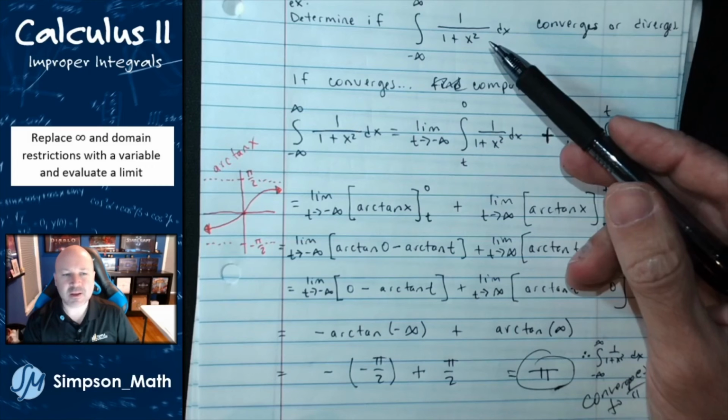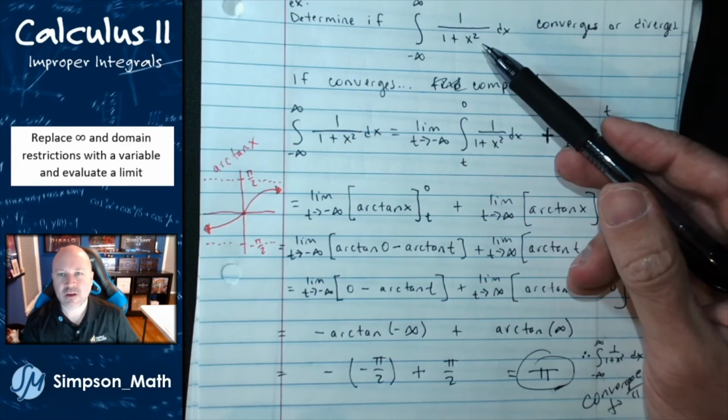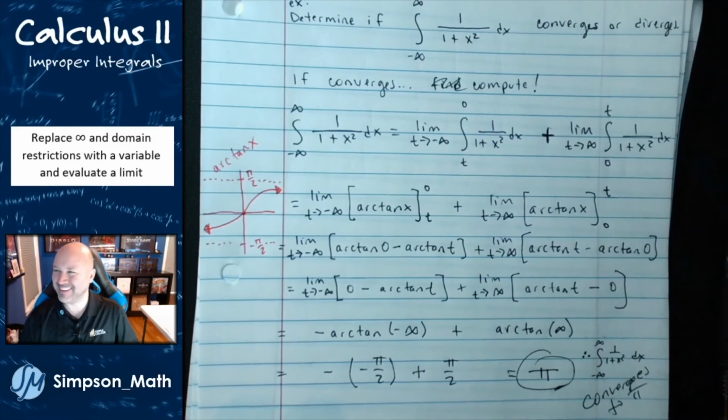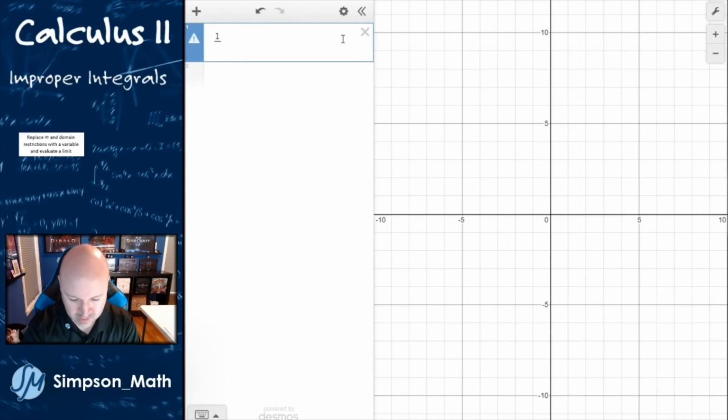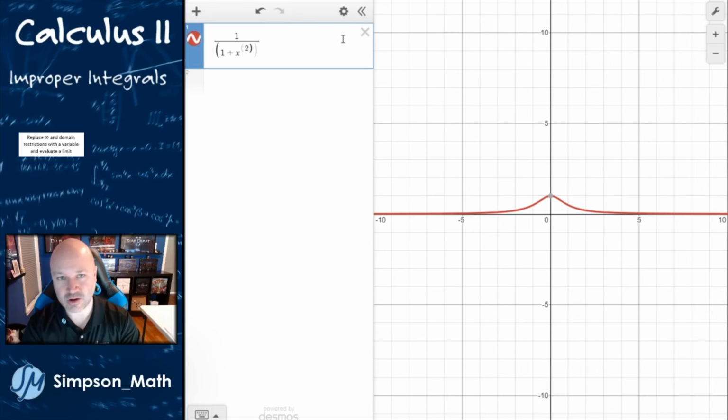You may want to plug that into Desmos, get a picture of that graph. No, I want to do it. I'm curious. I forget what these graphs look like. I'm going to go over and click on Desmos, and I'm going to plug in 1 over the sum of 1 and x squared.